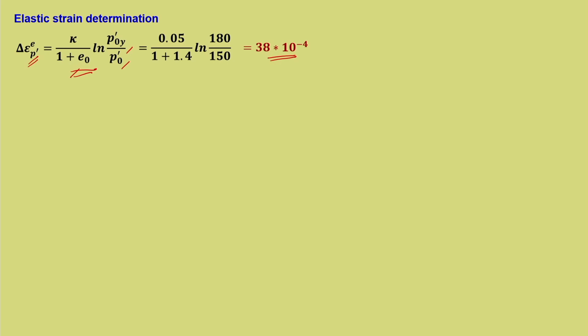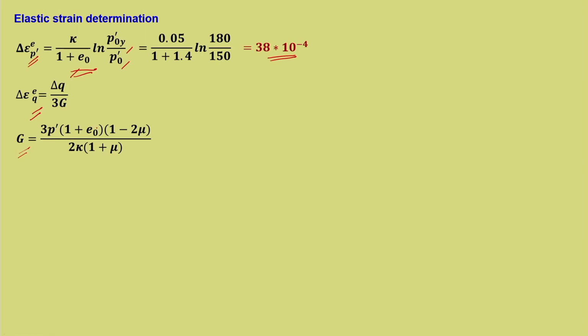This is when the effective stress path moves from the initial point to the first yielding, and epsilon q e, that is the elastic deviatoric strain, is delta q upon 3 G. Now, what is delta q? And for G we need to find out, we have the expression for G, please refer back to the lecture.